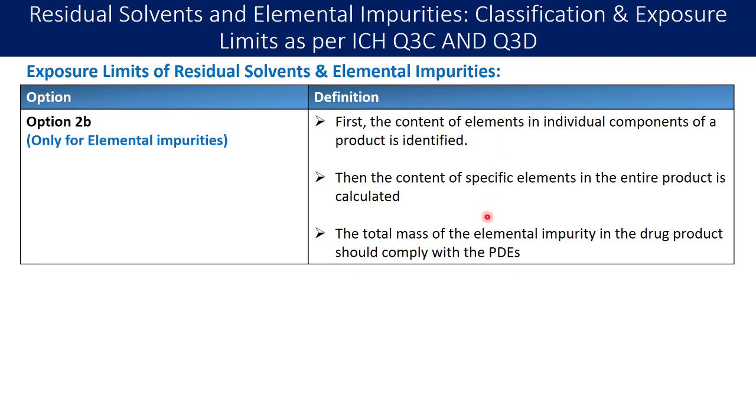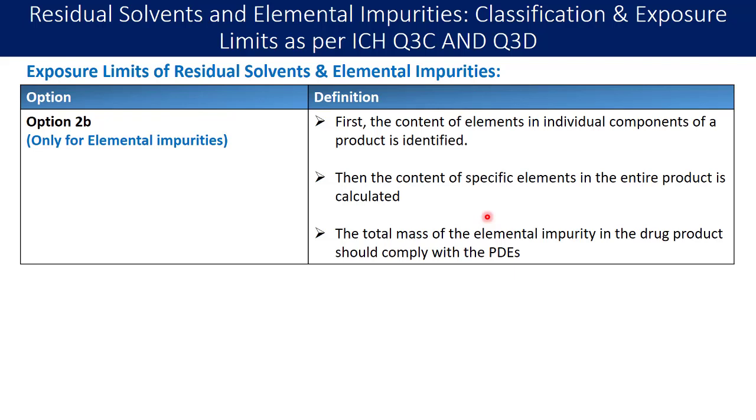And then the content of specific elements in the entire product is calculated, and then you add the content from component 1, 2, 3, 4 and so on, and then understand whether all this elemental impurity coming from the components is crossing the permitted daily exposure or is within the permitted daily exposure. So this is done under option 2B.